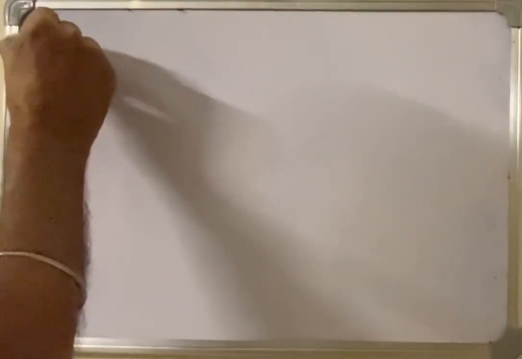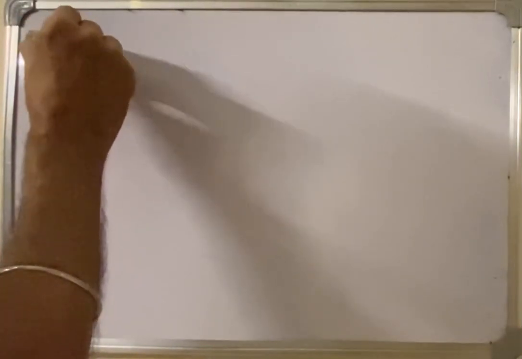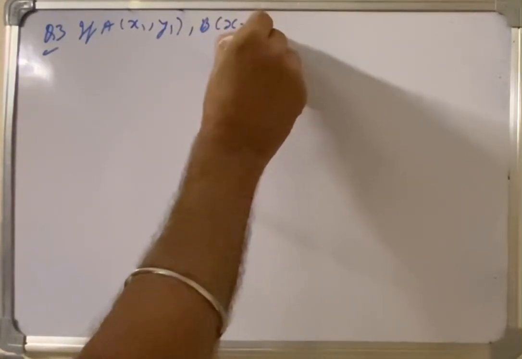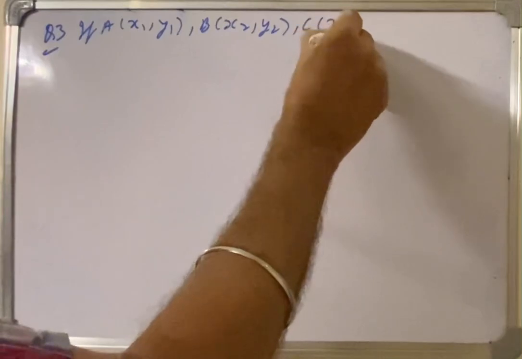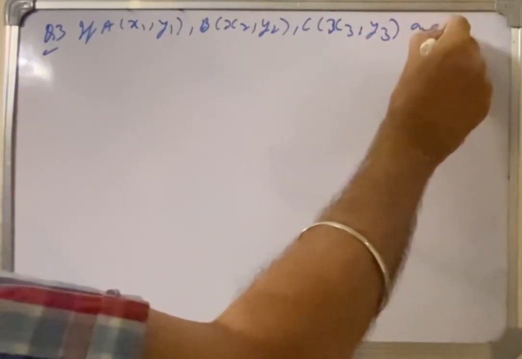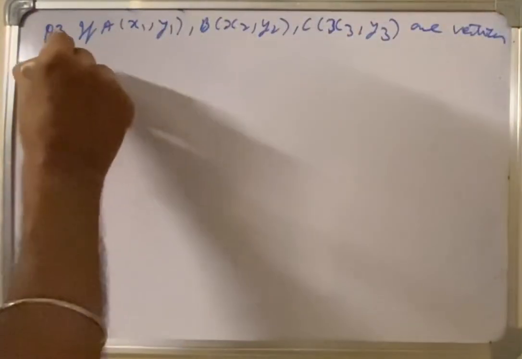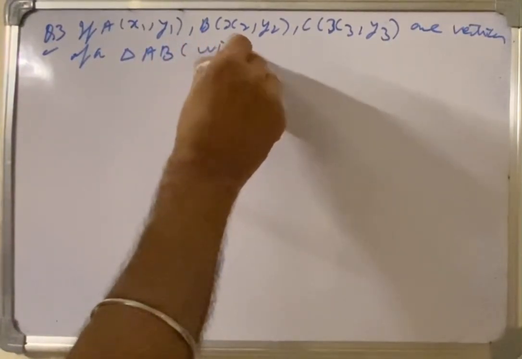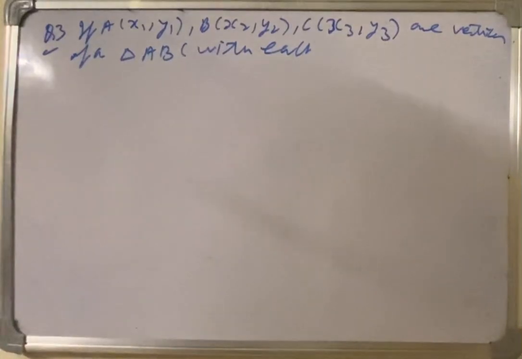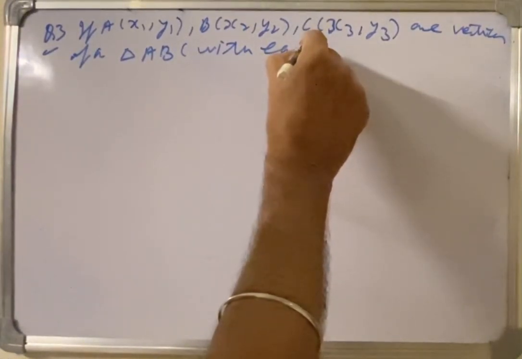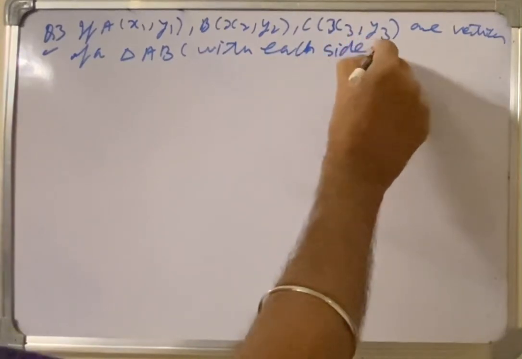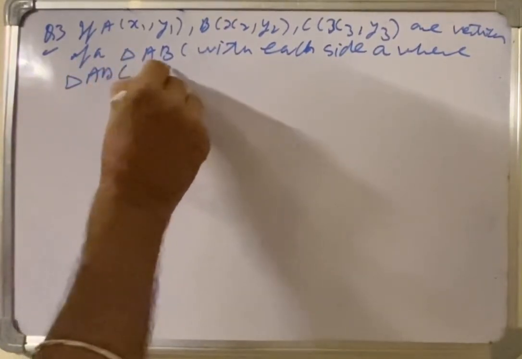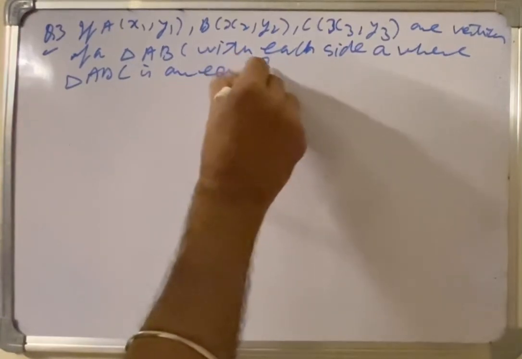Third question: if A(x1, y1), B(x2, y2), C(x3, y3) are vertices of a triangle ABC with each side a, where triangle ABC is an equilateral triangle.